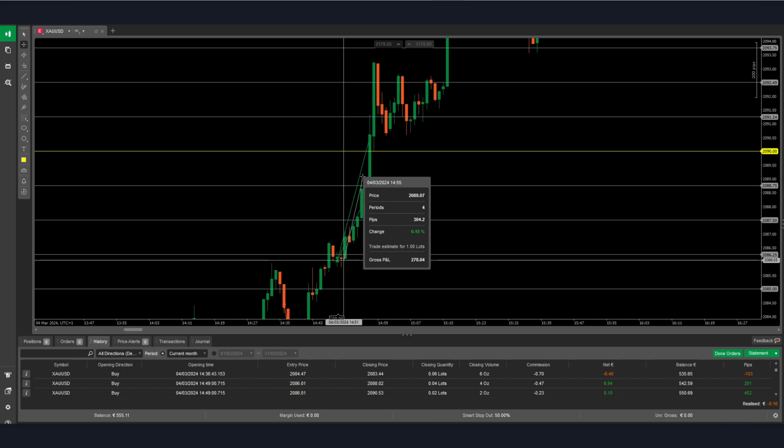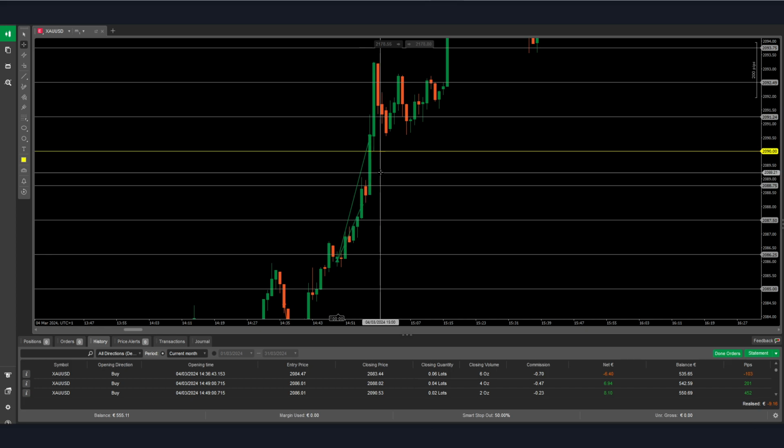Some of the wins would have been better with a 30 pip full TP. So for example, for one lot over here, the gross for 30 pips would be 278.04. Here I got 186, but with the partial it's a little bit of a mess.